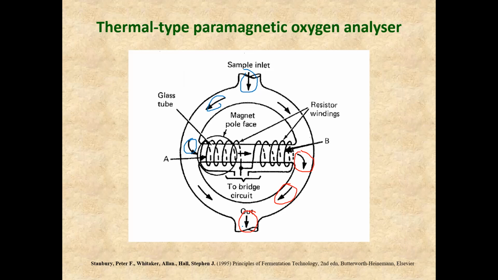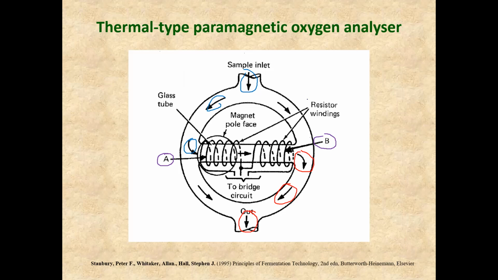The resulting gas flow cools the winding A. The winding A is this side, and since the cool oxygen is coming, the resulting gas flow cools the winding A, and this side is the winding B, which gets heated as the heated oxygen is leaving from that side, and this resulting temperature difference imbalances the Wheatstone bridge.